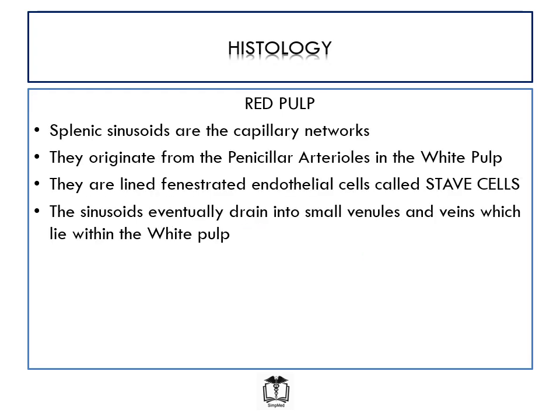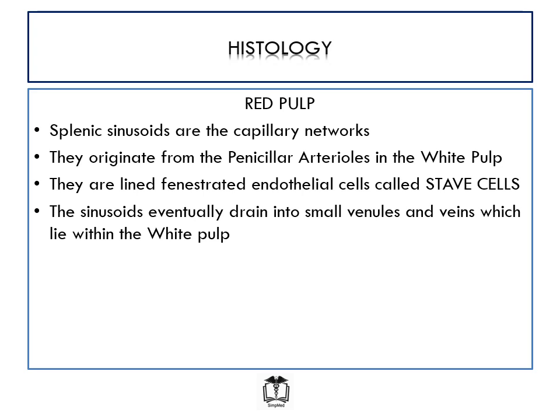The splenic sinusoids, on the other hand, are capillary networks within the spleen. This originates from the penicillar artery. So, as we have the penicillar artery ending in the white pulp, these penicillar arteries will eventually terminate by becoming fenestrated endothelial linings. These fenestrated endothelial cells give rise to the splenic sinusoid.